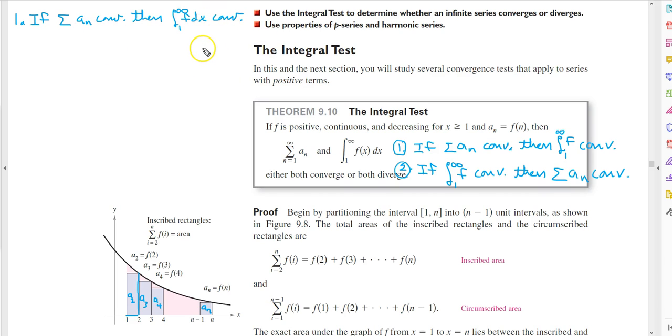Now the way we're going to prove this one is we're actually going to prove what's called the contrapositive. Notice that this statement is the same as saying, if the integral does not exist, then the series does not exist. That's called the contrapositive.